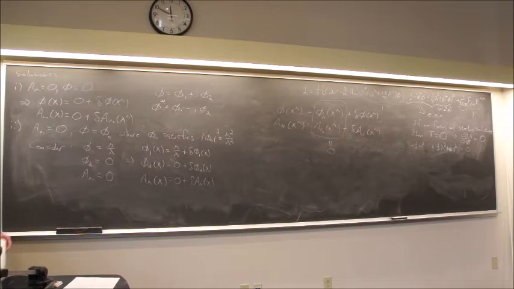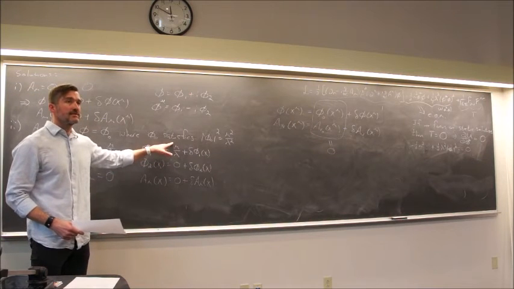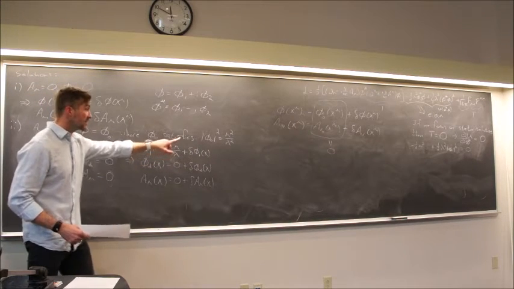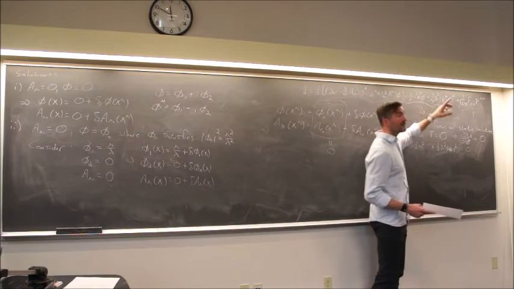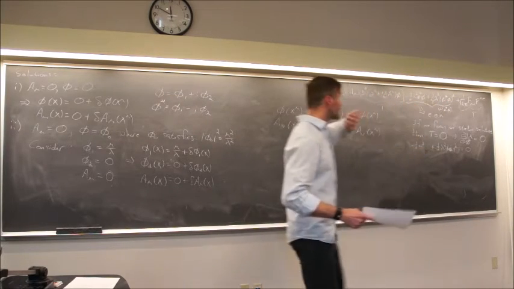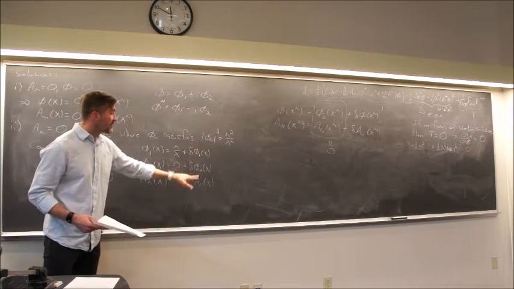Please note, these are constants. They're just the constants that are appearing in the Lagrangian here. They're not fields, they're just numbers. The things that depend on position are the fluctuations.